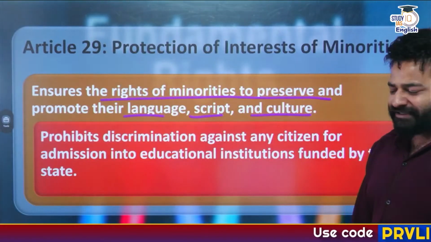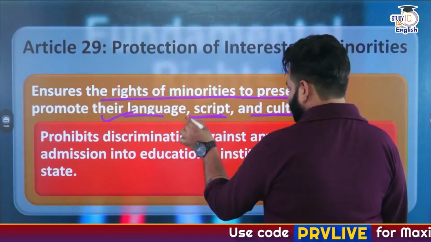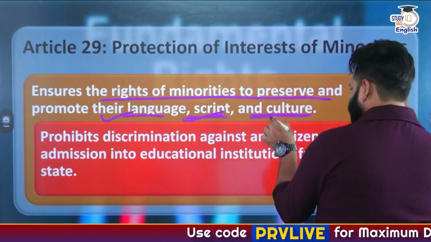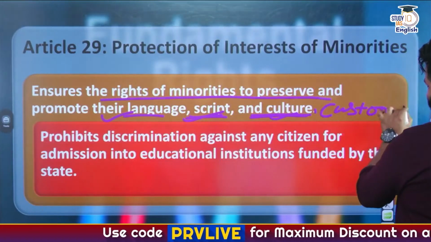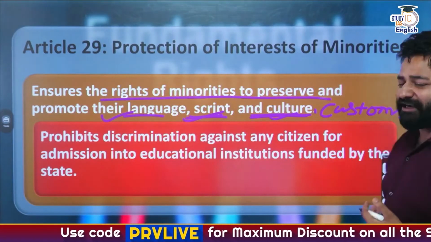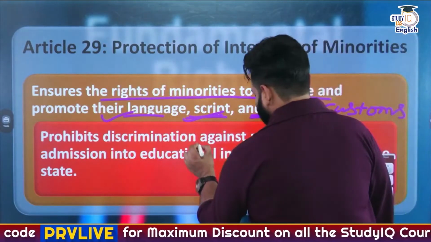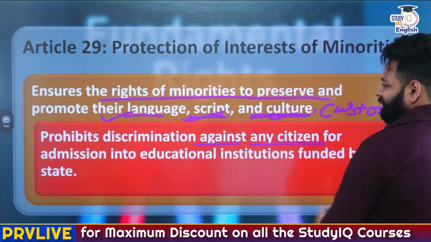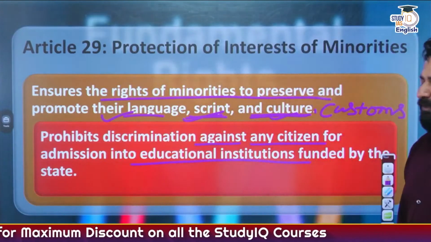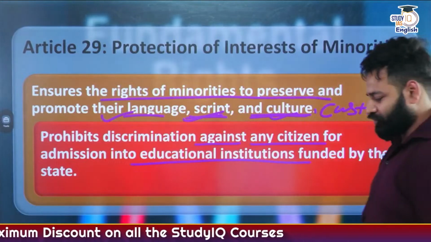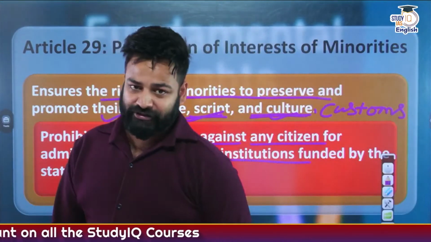Whatever your language is as a minority, your script, your culture, your customs, traditions, beliefs, faith, etc. And it also prohibits discrimination against any citizen for admission into educational institutions funded by the state. This is also what we discussed while discussing Article 15.